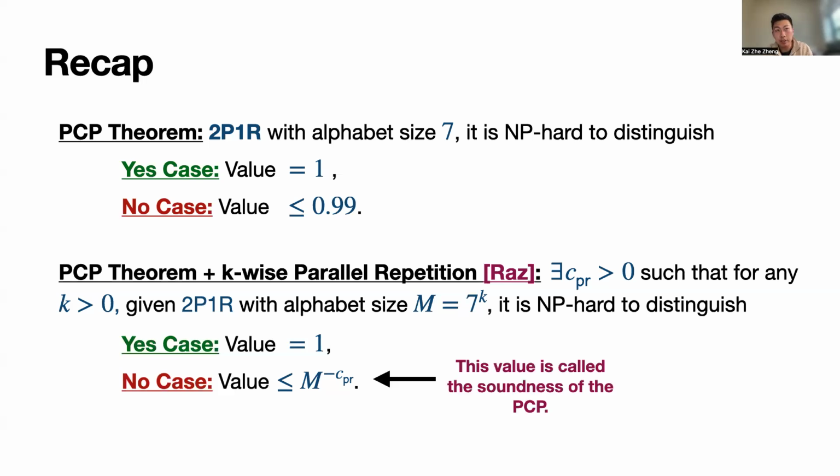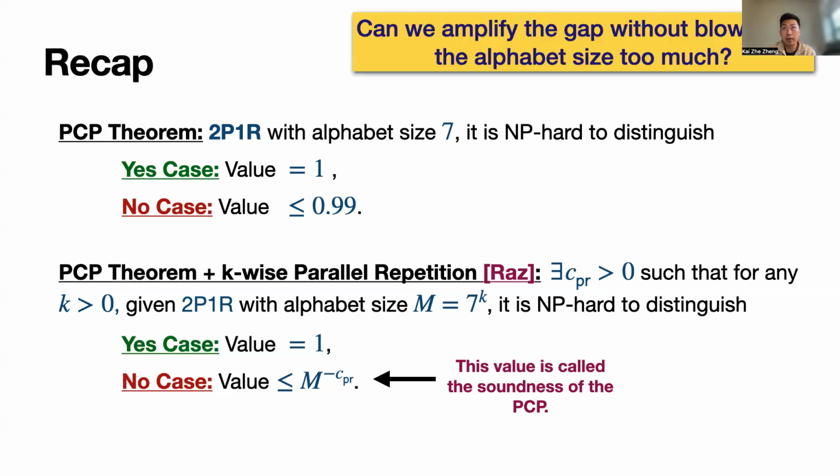Now let me mention that this value in the no case is often referred to as the soundness of the PCP. What we're interested in is whether we can get an alphabet-soundness trade-off as efficient as possible. Note that we can make this soundness as small as possible, but in the process, we are making the alphabet size larger.